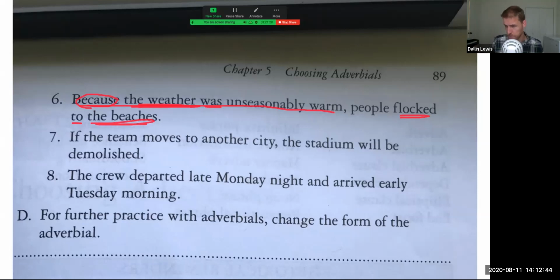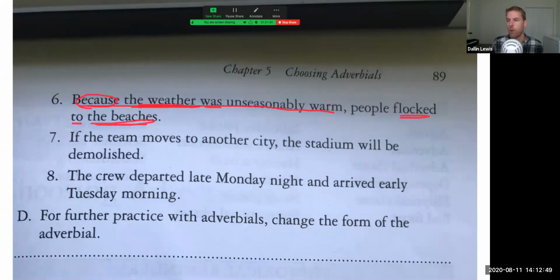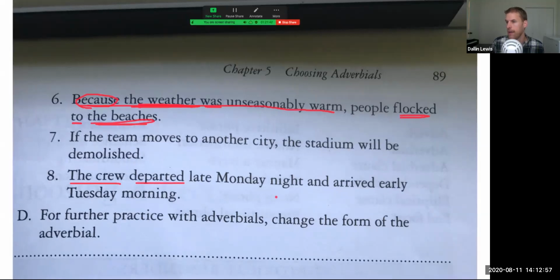Finally, the crew departed late Monday night and arrived early Tuesday morning. There are no dependent clauses in here. This is just all one independent clause. The crew being the subject, departed being the verb. Now, what is all this? Well, these are all noun phrases, right? Late Monday night, early Tuesday morning. I guess arrived is a coordinated verb, so that's also part of the predicate.